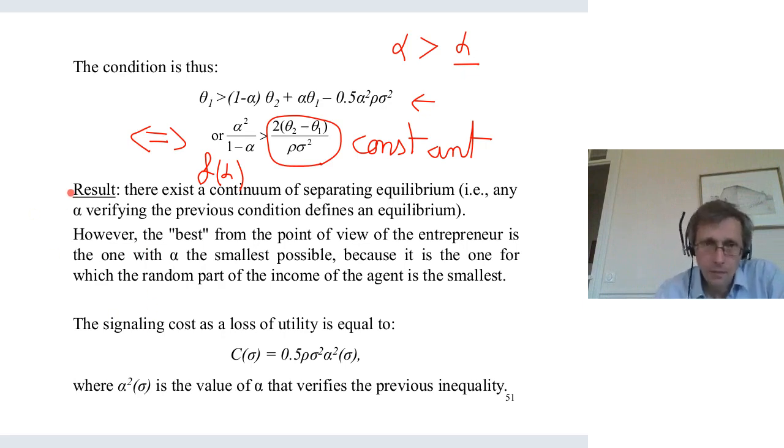So there are an infinity of separating equilibria, and the best is of course the one which corresponds to alpha equals alpha lower bar plus epsilon.